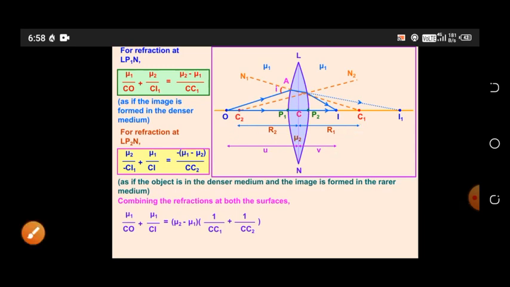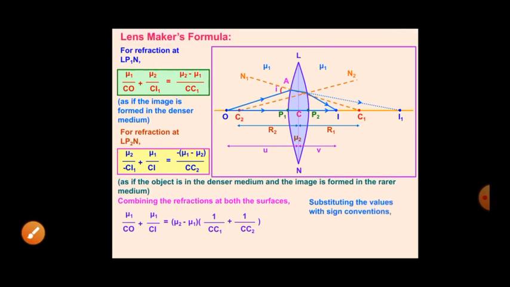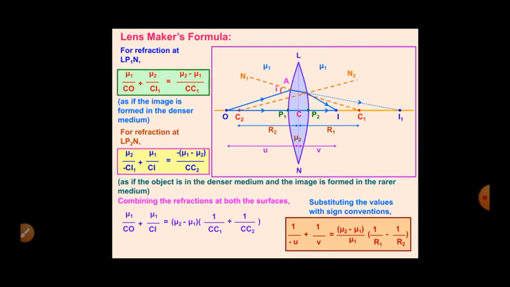Using the sign convention and putting in the values, we get minus 1 upon U plus 1 upon V is equal to mu2 minus mu1 upon mu1.